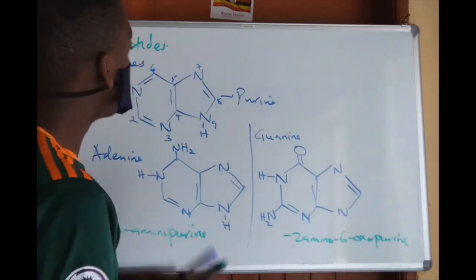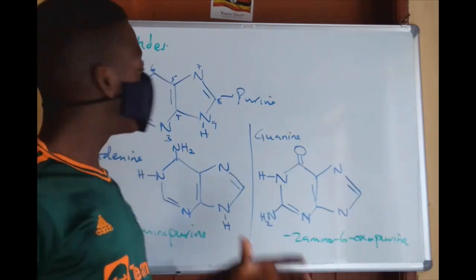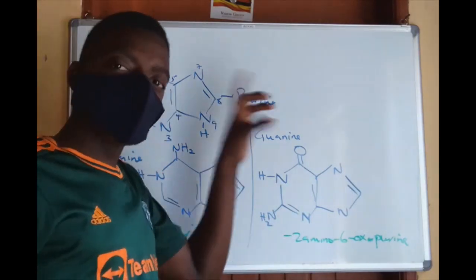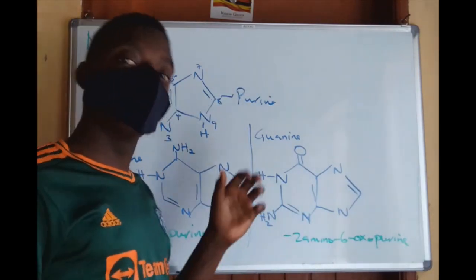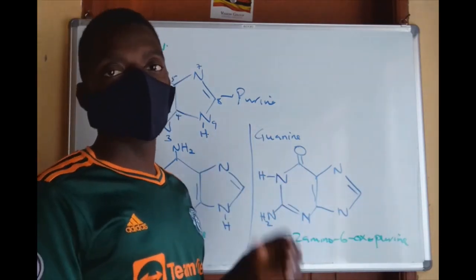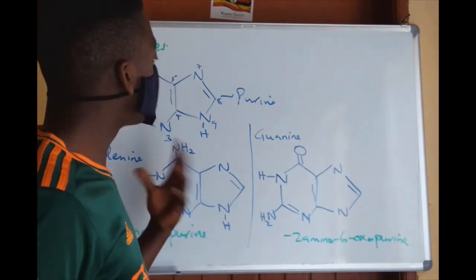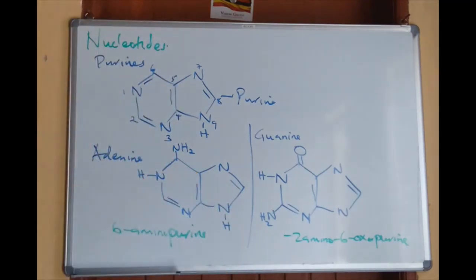Yes, that is how the purines look. They have carbons. This will be important in the synthesis, because if you know the structure, we shall move smoothly in relation to the synthesis of these compounds. So let's talk about the pyrimidines.